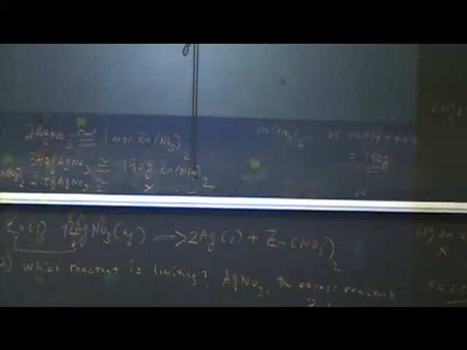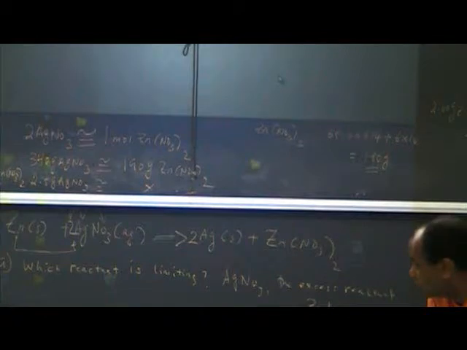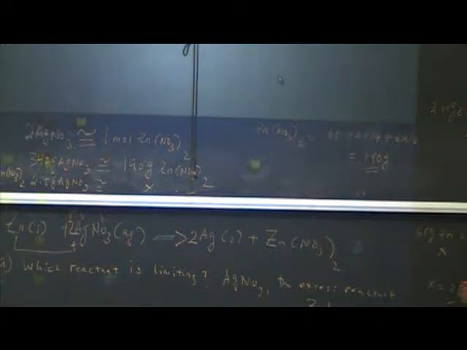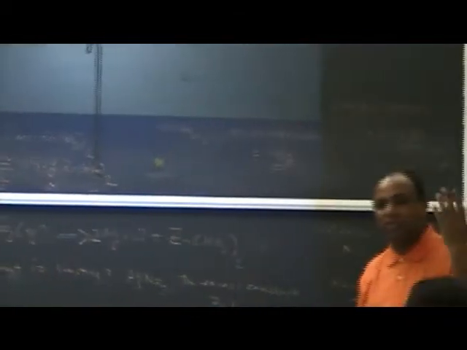Can we use this one to find this? Here we already did this one, because once you know that silver nitrate is your limiting reactant, then common sense says the excess will be the other one.